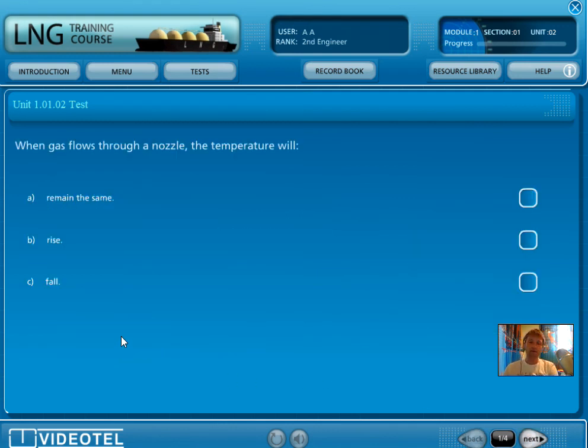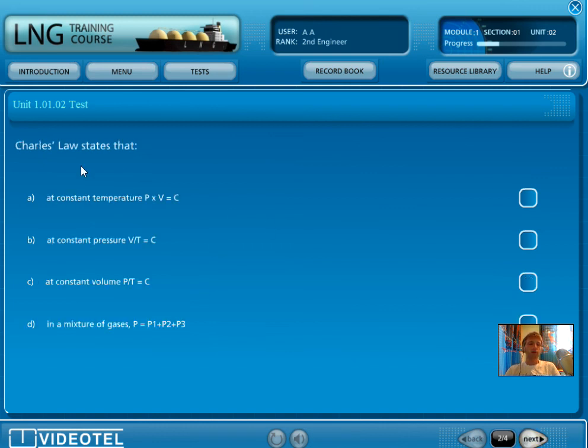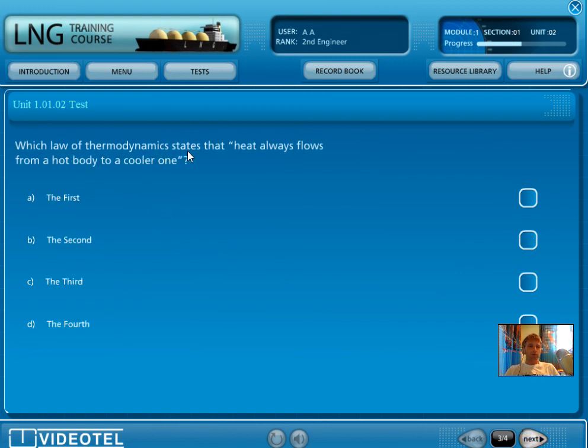So let's take our test. Let's see what we have learned. When gas flows through a nozzle, the temperature will fall, I believe. Charles' law states V/T equals C. Which law of thermodynamics states that heat always flows from the hot body to the cooler?